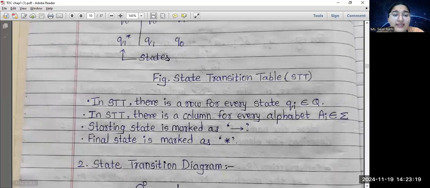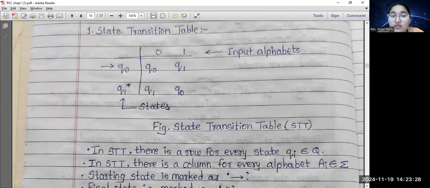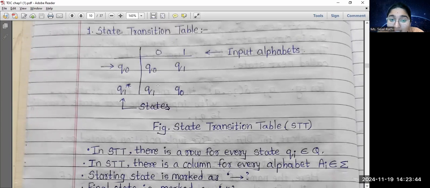So in the state transition table, there is a row for every state, for every state belonging to Q. There is a column for every alphabet symbol, every symbol belonging to sigma, that is the input set.